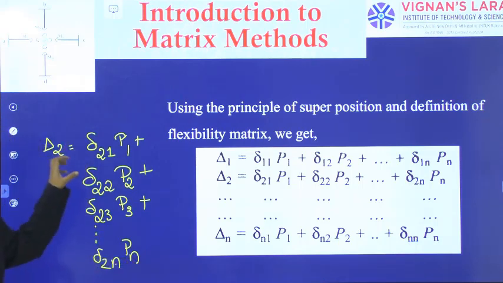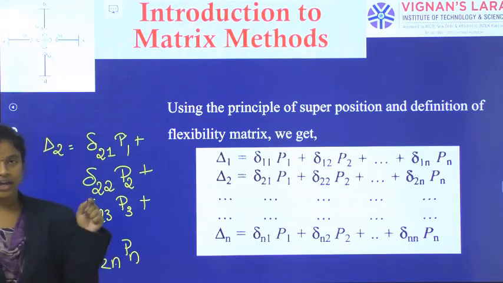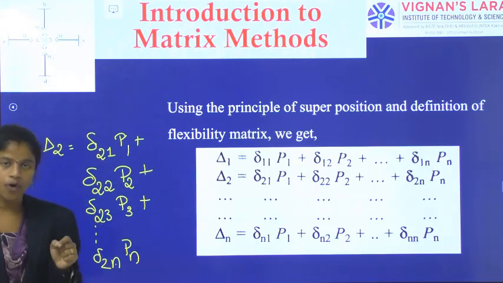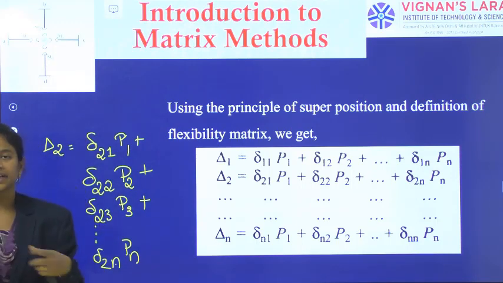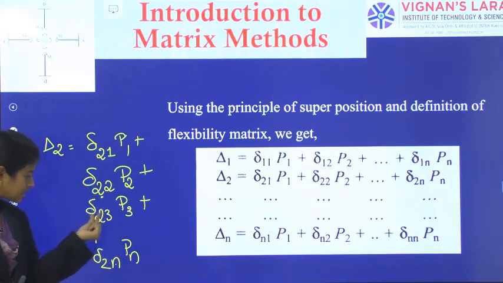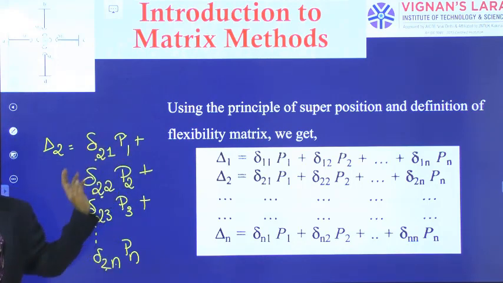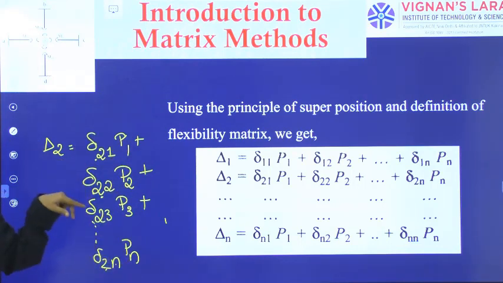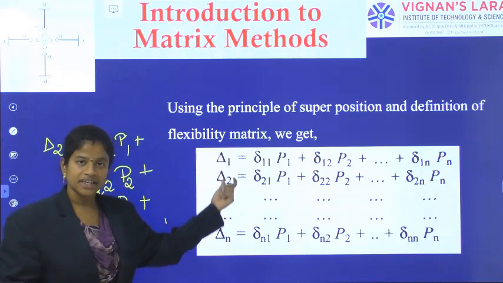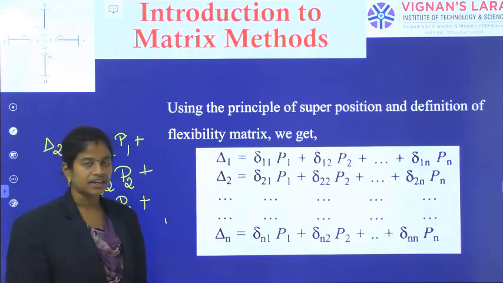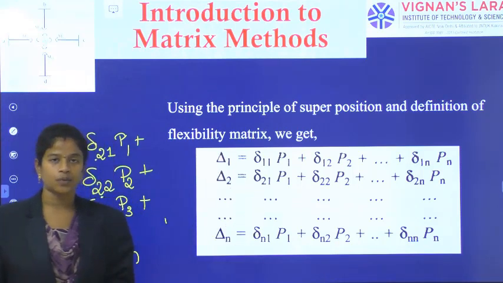Summing up all the displacements at that point due to different force applications, the overall displacement at 2 is delta 2. In this way, delta n we have indicated, and we have given the main equation.